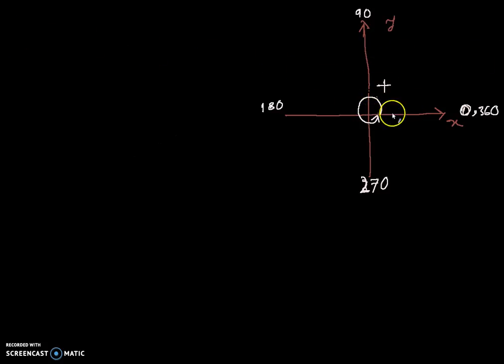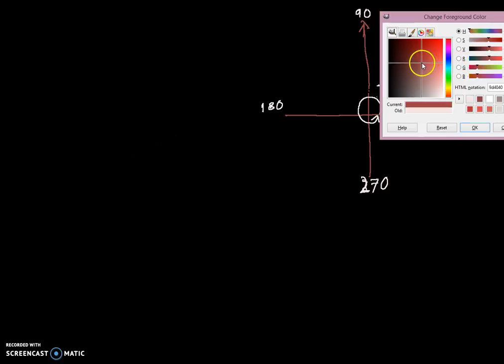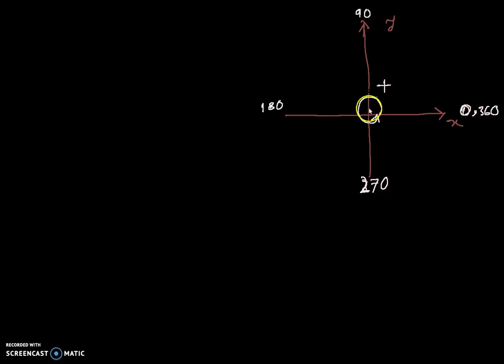Starting from here, let me choose another color to show you what I mean. For example, this is where you start, and then you end up somewhere here. This is your theta.